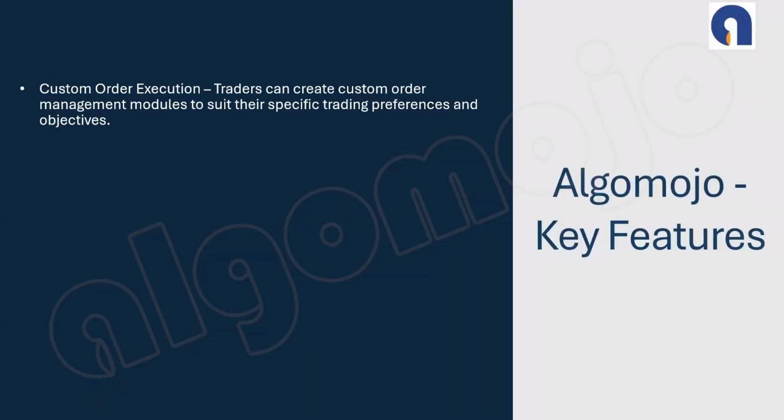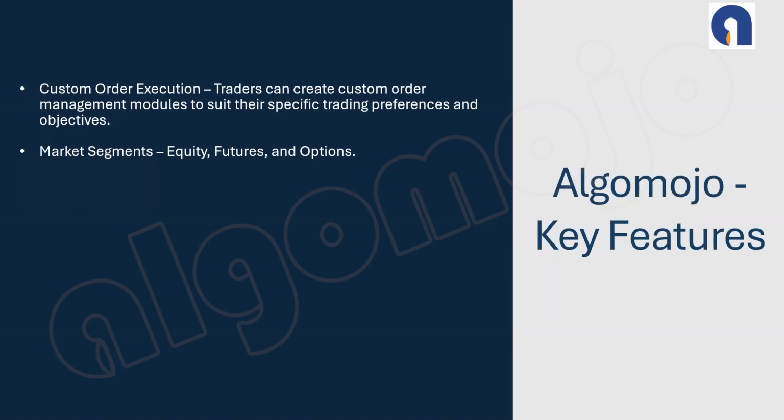Some of the key features of Algomojo: you can customize what you would like to trade. Whether you want to trade in equities, futures, or options, you can decide in the beginning itself, do the setup, and that will be saved for you. Whenever the signals come, the orders will be placed as per your requirements.